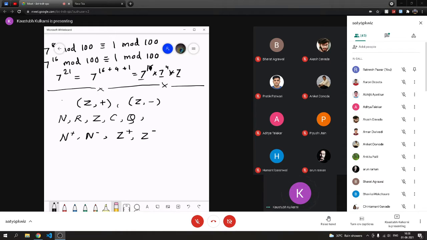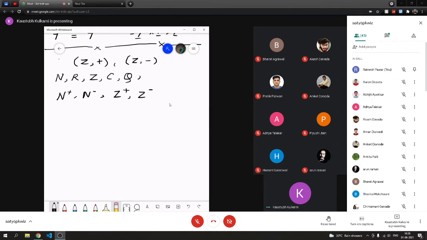Now let's go to the definition of a group. I'll give you an example based on modular arithmetic which will make it easy to understand. So a group is defined as a set G along with a binary operation dot. Dot is a binary operation.